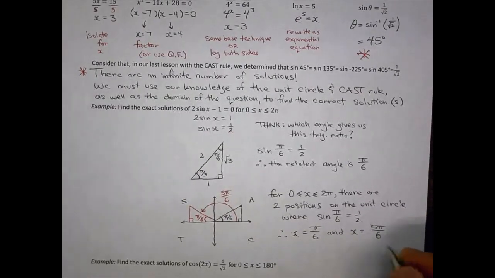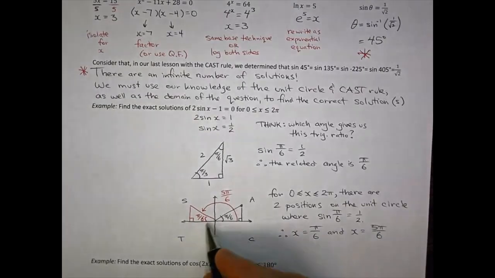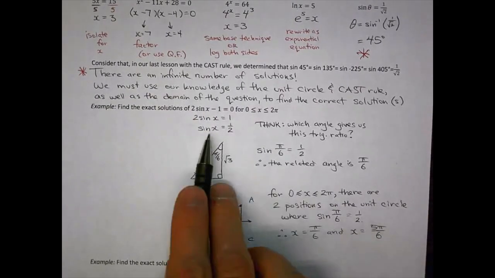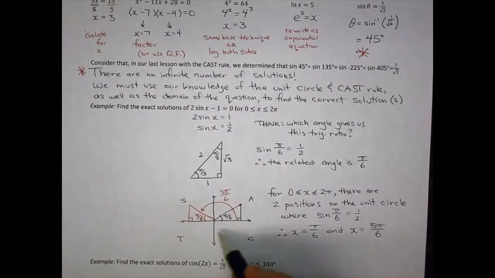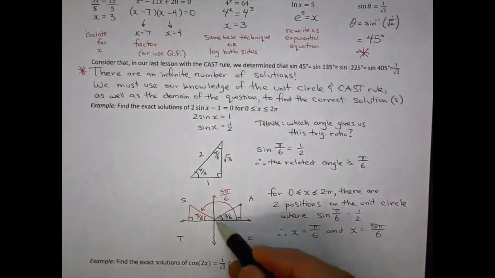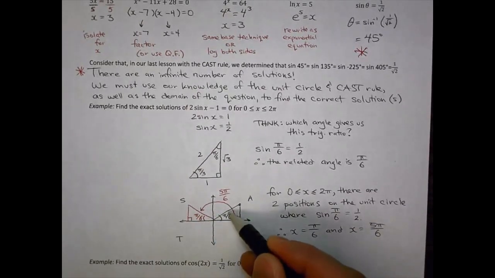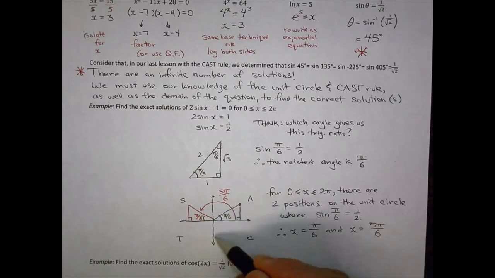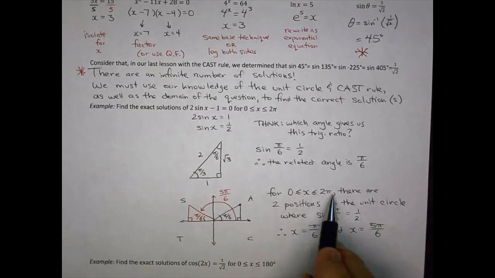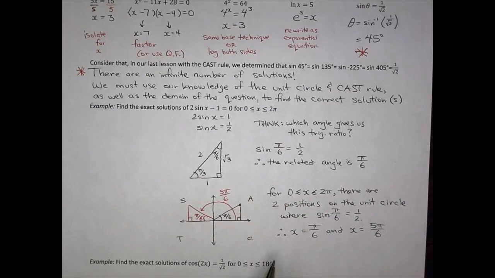You might be thinking, well, what about down here? What if I had the one down here? Well, no, because the sine is negative, and we know sine is positive here. What if we had it here? Well, sine is negative again. And you might be thinking, what if I did a full revolution and came back to here? Well, that would be 2 pi plus pi over 6, which is beyond the range of my domain. So there are only 2 solutions.